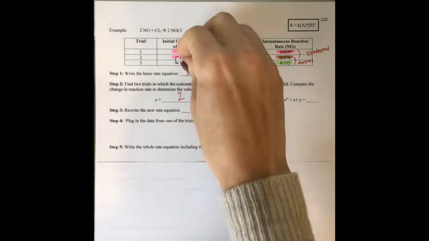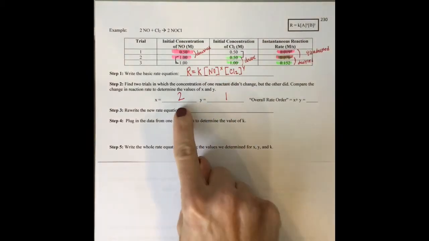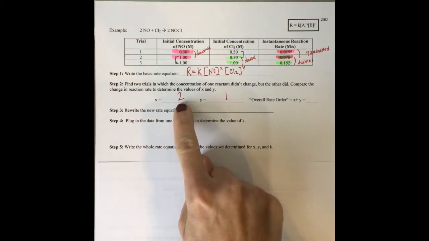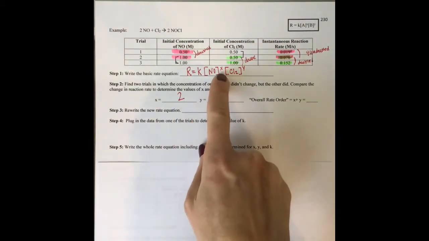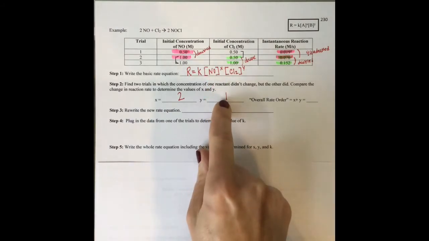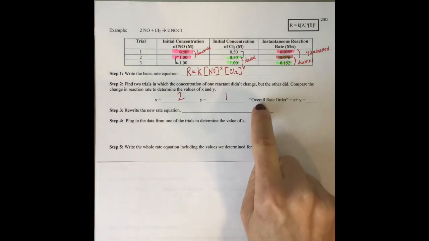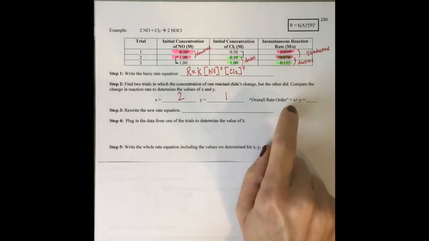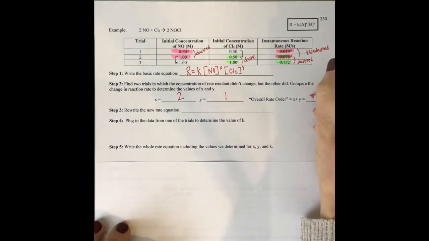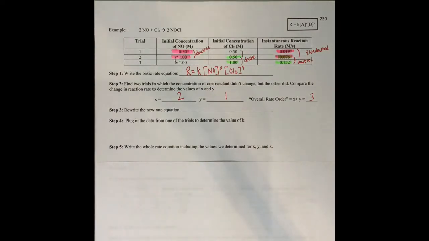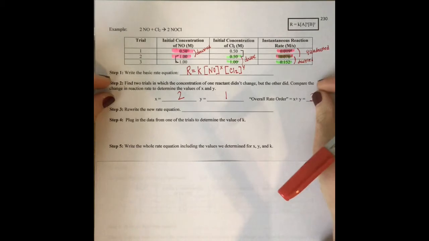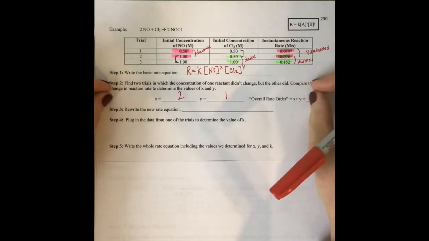So through these trials, we have figured out that this reaction is second order in respect to X and first order in respect to Y. The overall rate order, X plus Y, is 3. You just add it together. This will be the hardest step, this step 2.